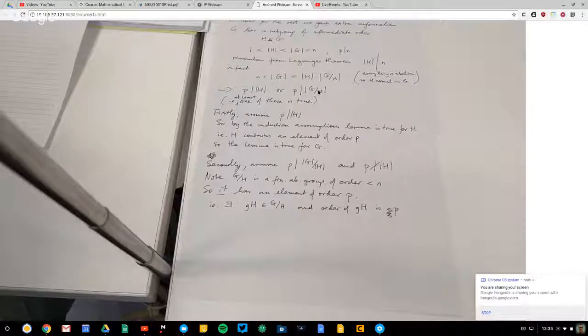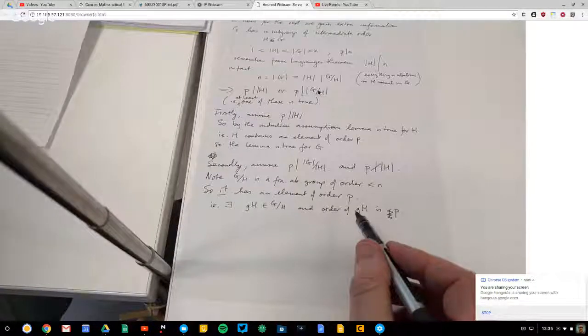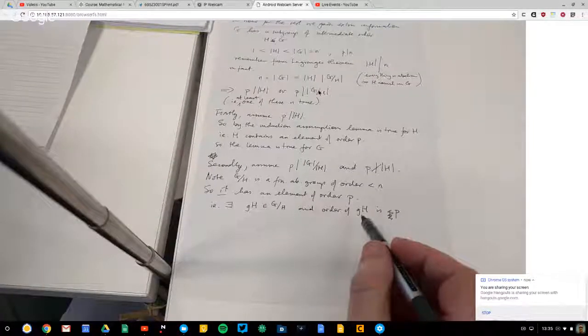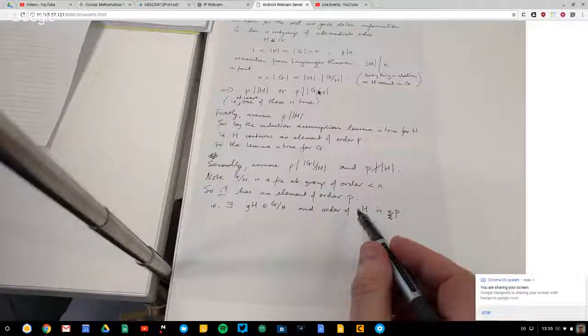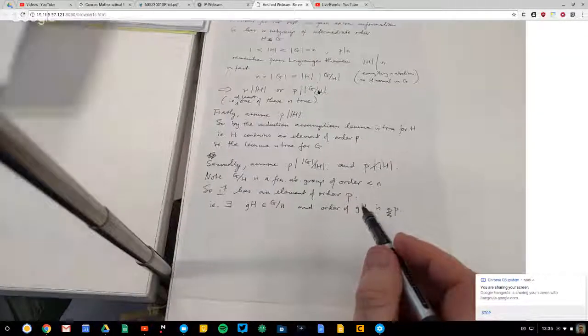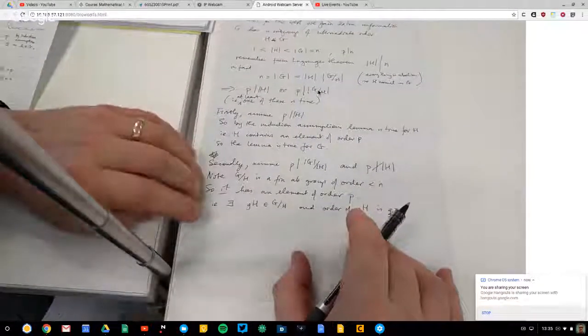It's tempting to think that this element, little g, is the element of order p, but that's not true in general. But out of this element, little g, we can build our element of order p. Is everybody okay where we've got to?